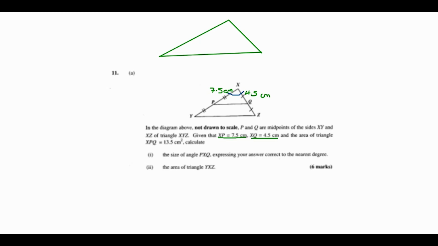Okay. So this is X, P, Q. 4.5, 7.5, and theta. So 7.5, 4.5, we want to get the magnitude of this angle, which I will label as theta.